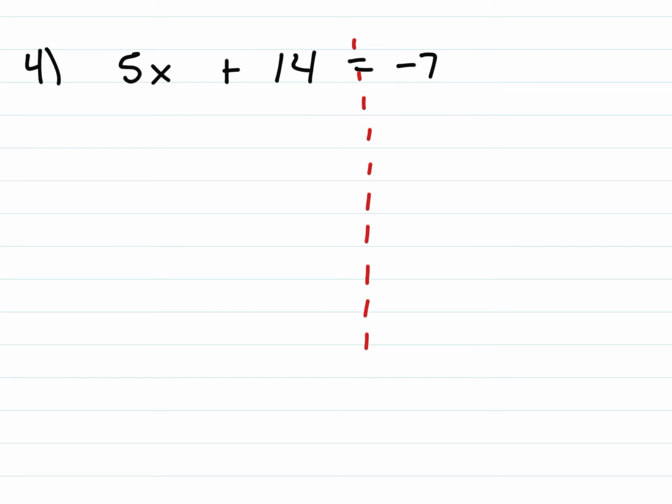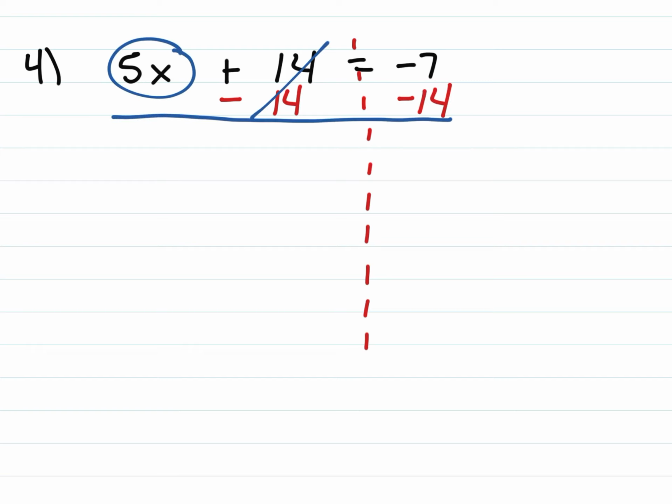But to do that, I have to change the symbol. Currently it is a positive, so I change it to a negative, and I move it to the other side. Positive 14 and negative 14 add to 0, which leaves me with just this 5x on the left.